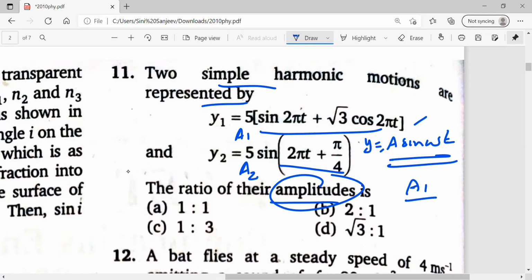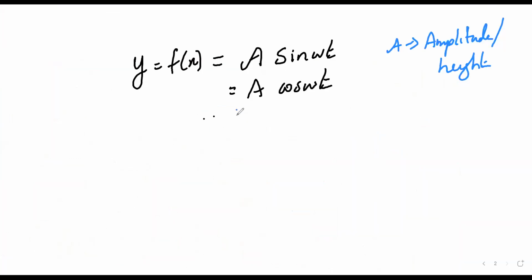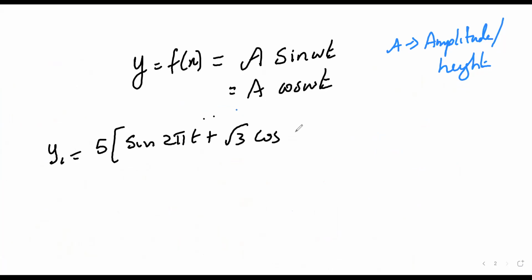It's a very easy question. These kinds of questions are not at all a threat for us. For the second one, I can get it directly. But for the first one, I'll write that down. Yes, y1 is equal to 5 sine 2 pi t plus root 3 cos 2 pi t respectively.